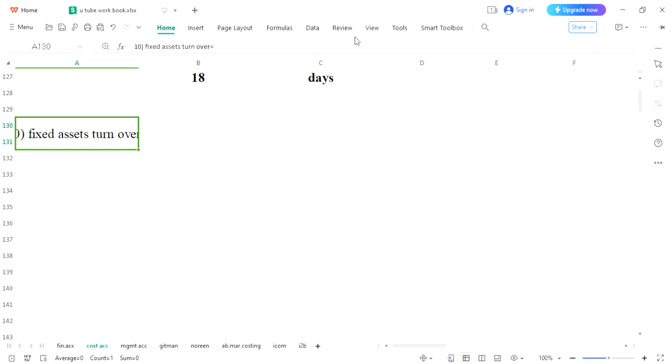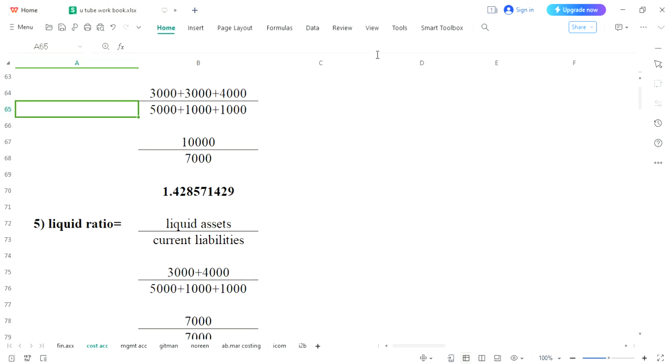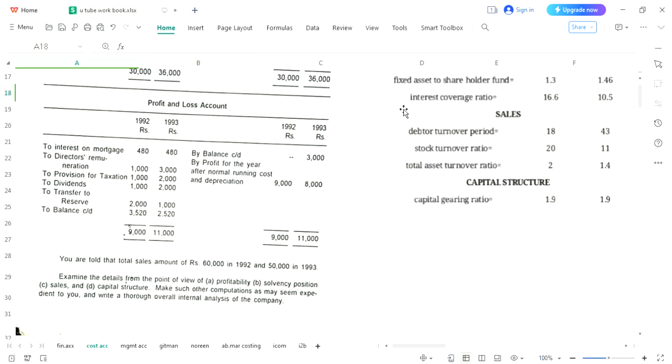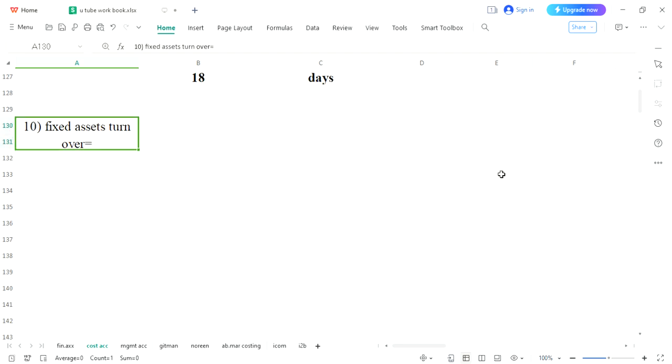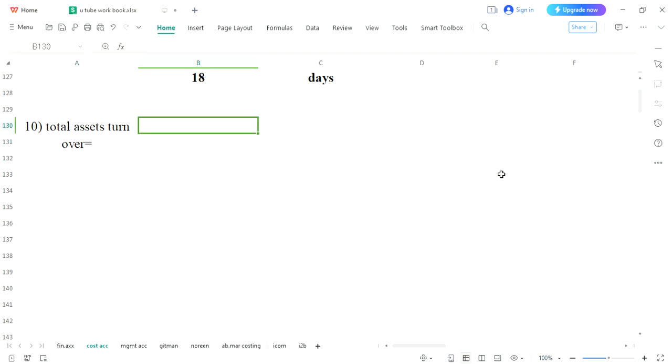For this formula, it's not fixed asset, it's total asset turnover. You can calculate total asset turnover or fixed asset turnover. For this, what you need is cost of goods sold divided by total asset. So we have got our formula.